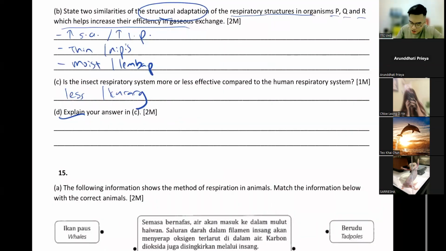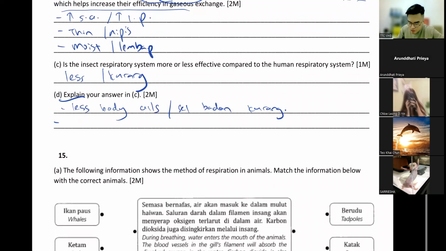So you can say they have less body cells or smaller body, sel badan kurang. So oxygen can diffuse straight to body cells. Oxygen boleh meresap terus ke dalam sel badan.